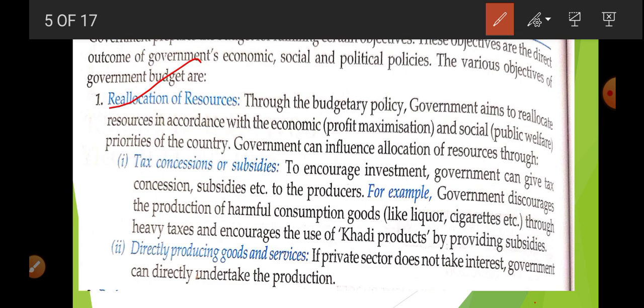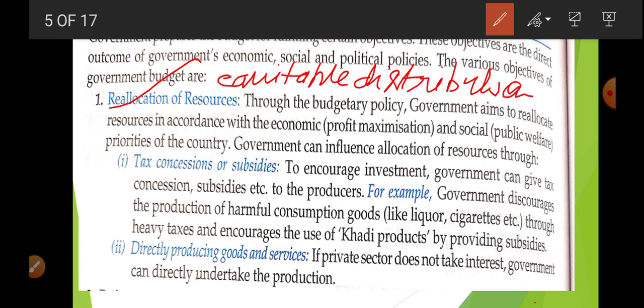reallocation of resources. Actually, this is related to equitable distribution of national income. You can also write equitable distribution. So for equitable distribution, what the government does is impose taxes on the high income group and then provide subsidies to poor people.